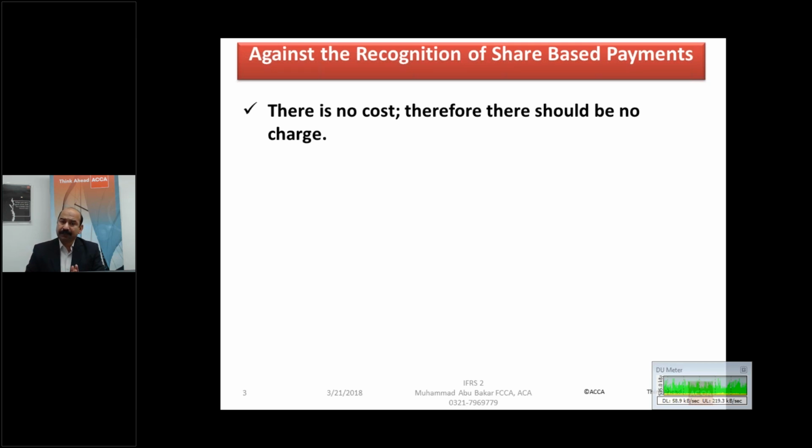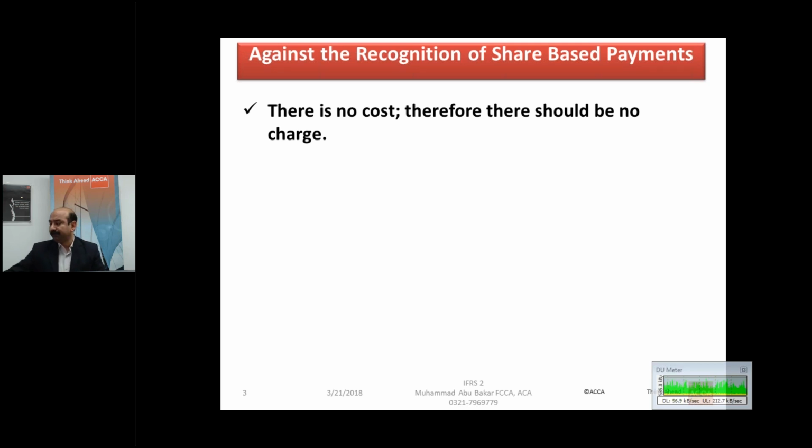So when this person is working with us, he is not only working for the cash which he receives at the end of each month, rather he will also have that share option in his mind. So this argument is technically incorrect. So there is a cost.